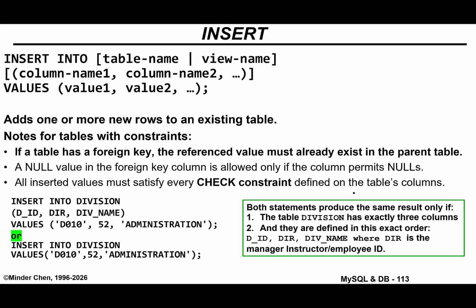And let's look at just the insert statement. We will say insert into a table. It could be a view, but we typically deal with a table. You could specify the column names, and those names correspond to the values that you're going to insert.